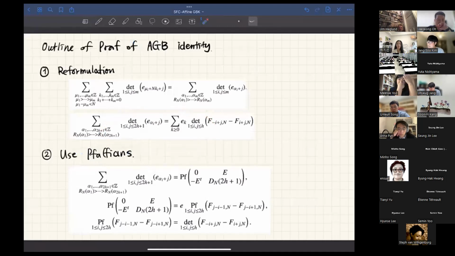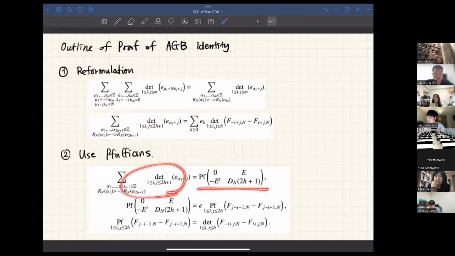We were able to turn the sum of these determinants into a single Pfaffian, and we were able to evaluate the Pfaffian using known results and techniques for Pfaffians and determinants. So that's basically how we prove the identity.